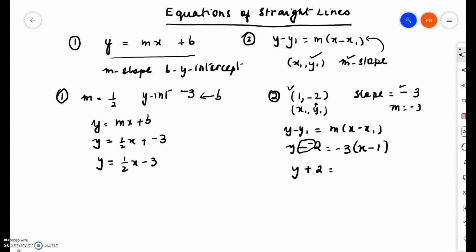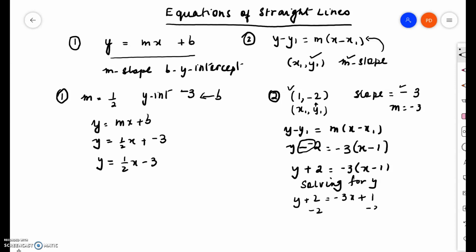So y plus 2 equals -3 times x minus 1. Now this is the equation of the line in the point-slope form. We can write it in the slope-intercept form by solving for y. So y plus 2 equals -3x plus 3.